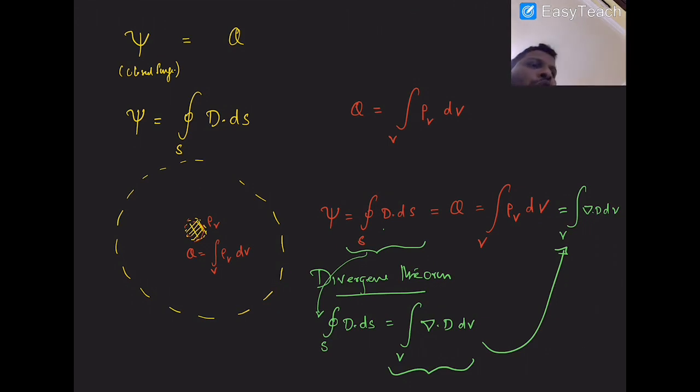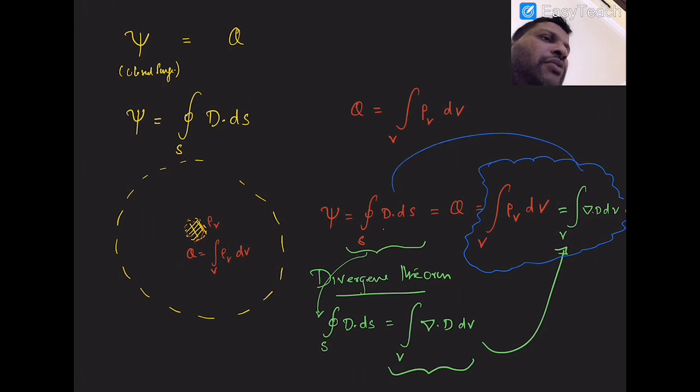Okay. So I got a new equation. You see, I got something very new. So I can equate these two. So I will write it down in the next step. So the integral of ρv dV, that means you integrate the volume charge density, then you are actually getting the charge.